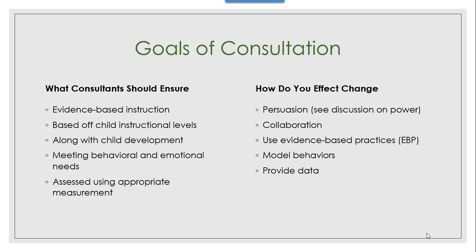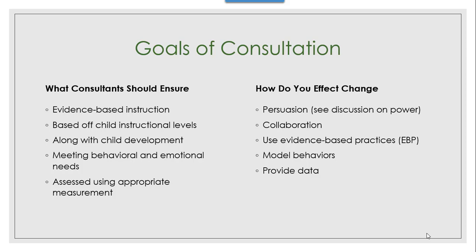So how do you get people to change? Well, we already talked a little bit about that when we talked about the discussions of power. So this idea of expert or referent power, that's fine. Collaboration often works as a referent sort of method. If you provide them with evidence-based practices, that's more of an expert method.